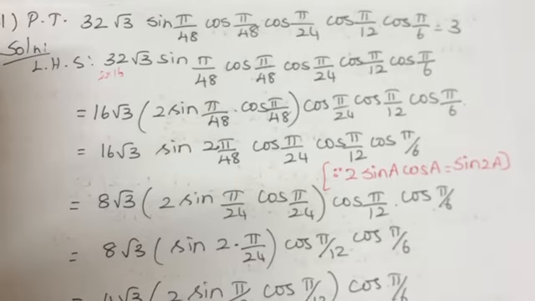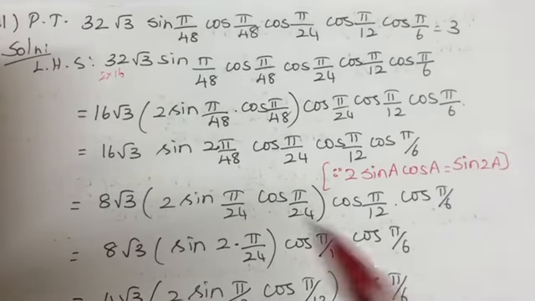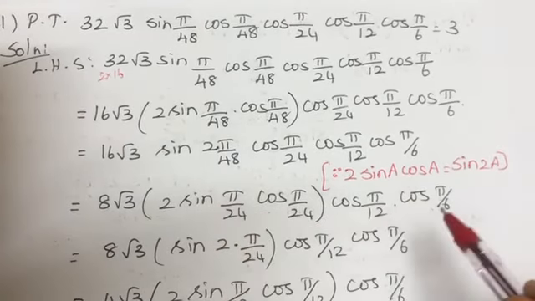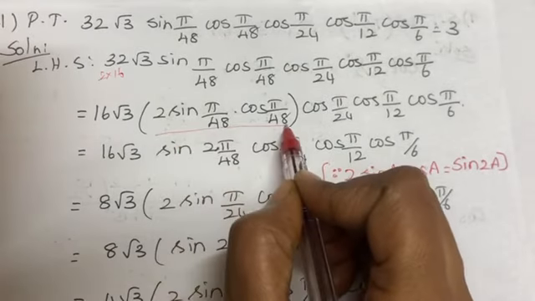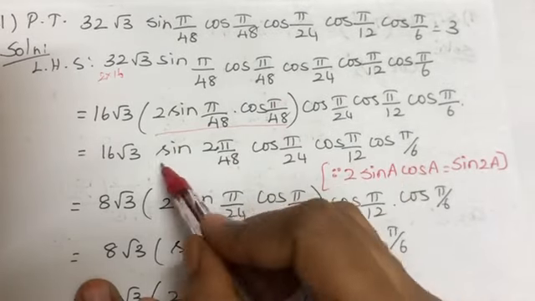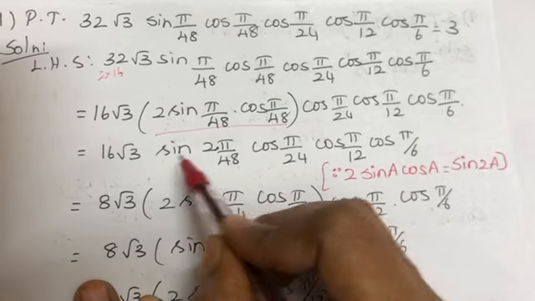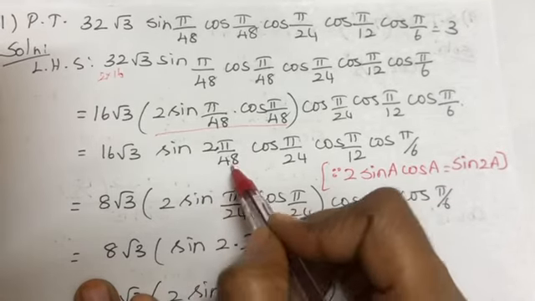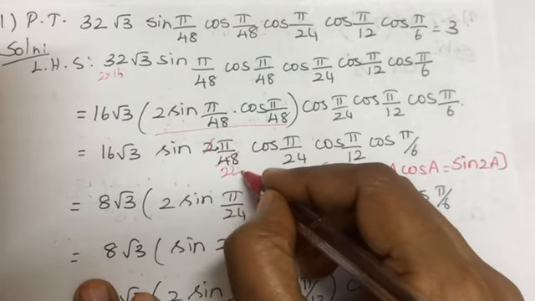Isn't it? We know an identity. Sin 2 theta is equal to 2 sin A cos A. So, using this identity, I write 2 sin pi by 48 cos pi by 48 as sin 2 theta. Here theta is pi by 48. So, sin 2 into pi by 48. While simplifying, this will become 24.